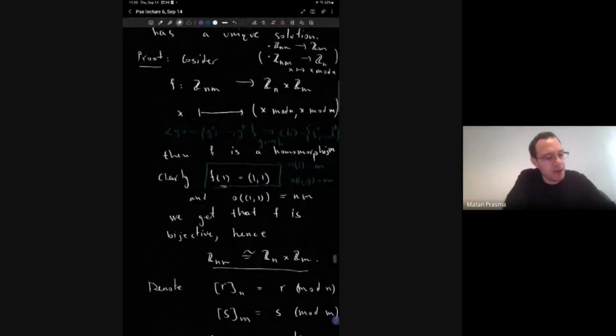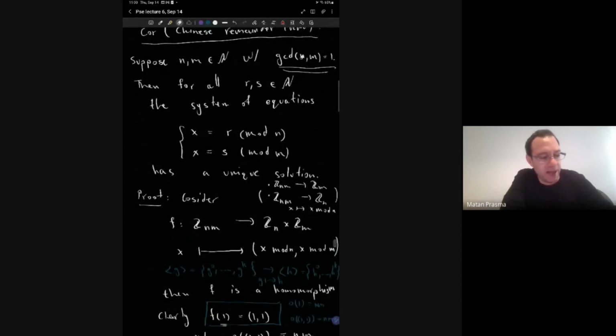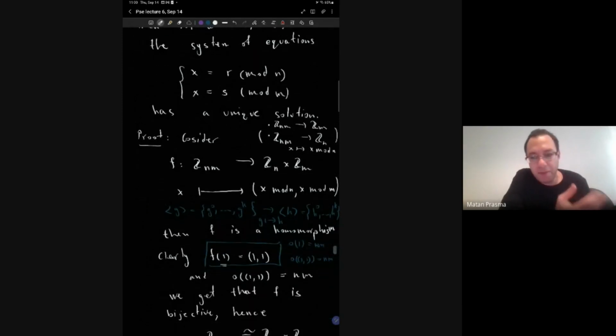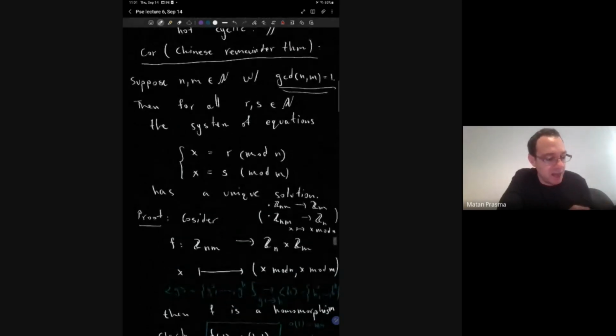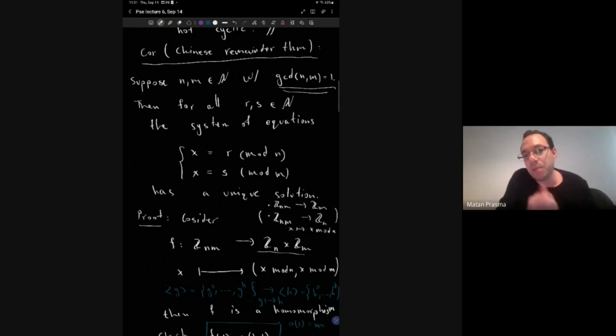So what I'm saying here in the proof, we assume that n and m are coprime. I mean, GCD of n and m is 1. And we had a previous proposition that said that in this case, Zn times Zm is cyclic. It's like, if you want, the simple example is what we did last time. Z2 times Z3 is generated by (1, 1).